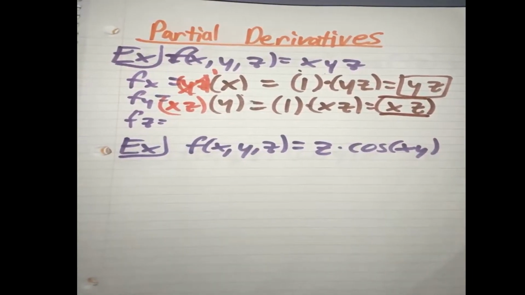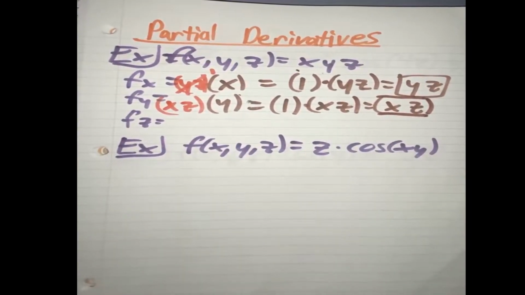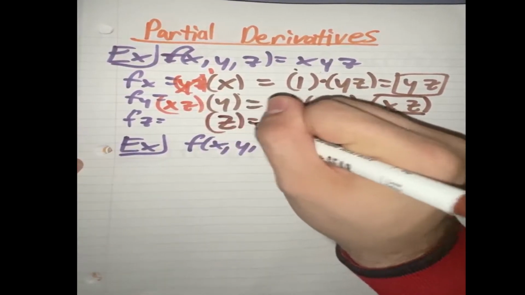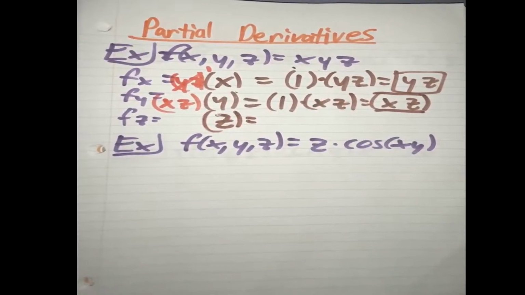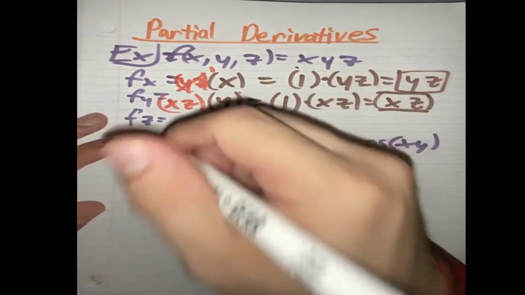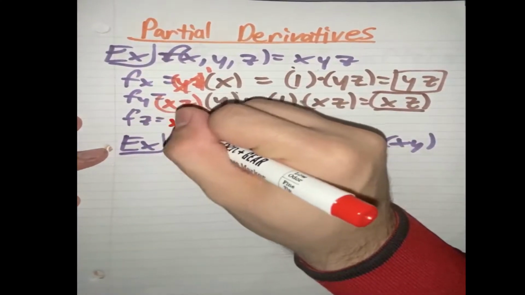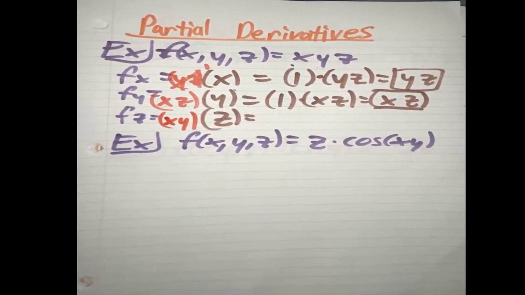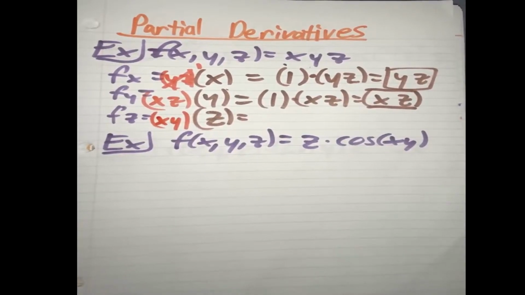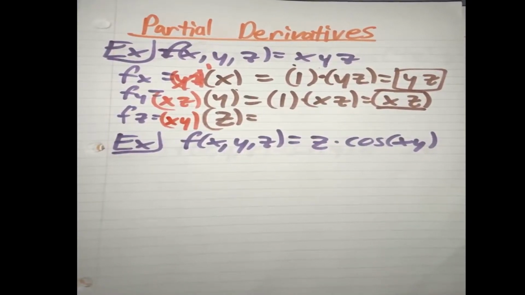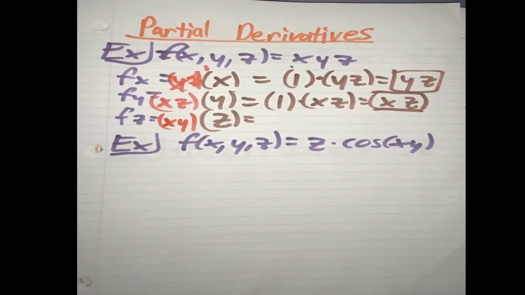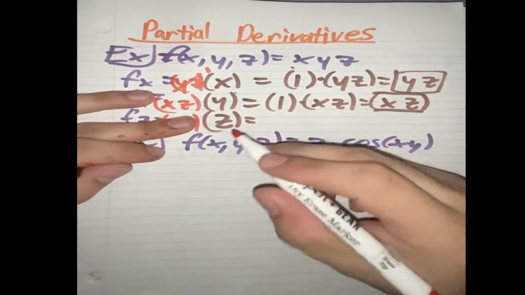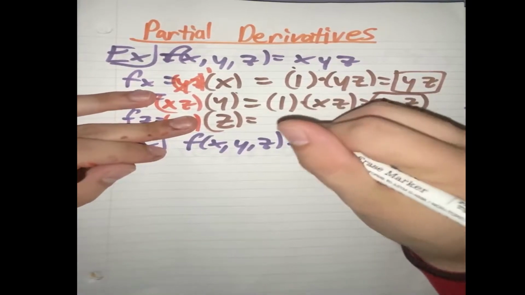And then we do the exact same process for f of z. We treat z as the function that we want to differentiate, and everything else, x and y, we treat as a constant of 1. Whenever you're taking a derivative, you're only taking the derivative with respect to z.